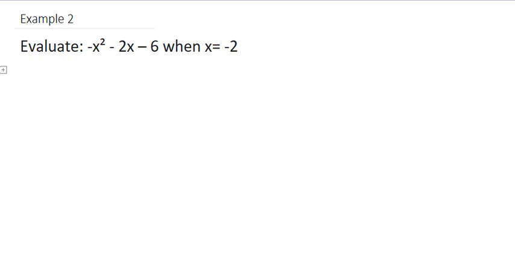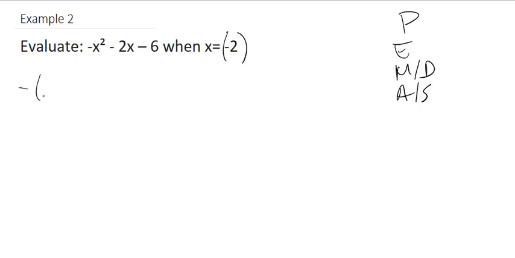So we will solve this problem as if we're putting negative 2 in parentheses anytime you see an x. So now remember our order of operations as well. Please excuse my dear Aunt Sally. So we have minus (-2) squared minus 2, and then we'll put in parentheses the (-2), minus 6.